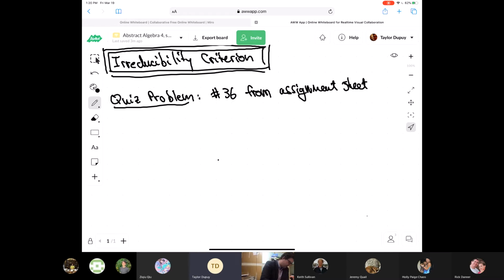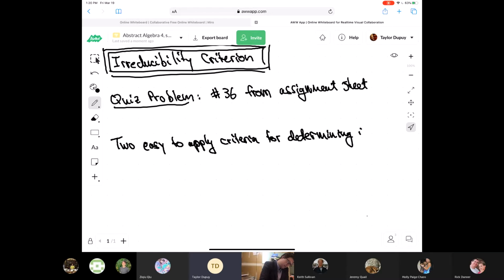Two easy-to-apply criteria for determining if a polynomial is irreducible.